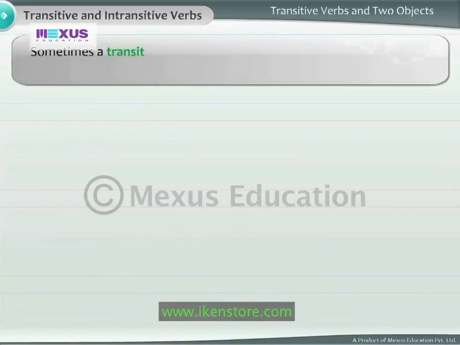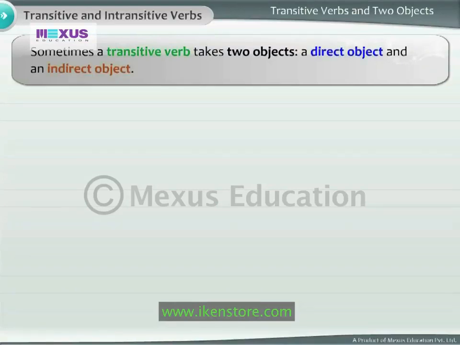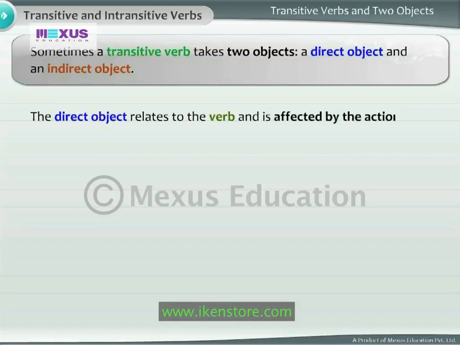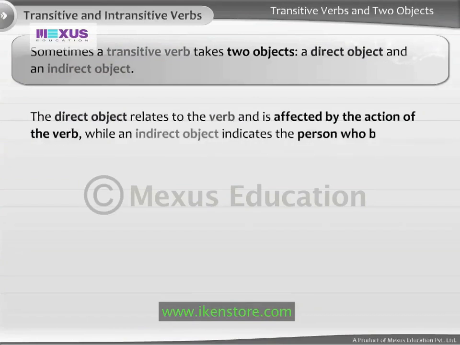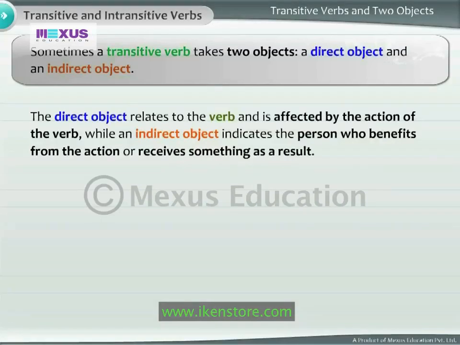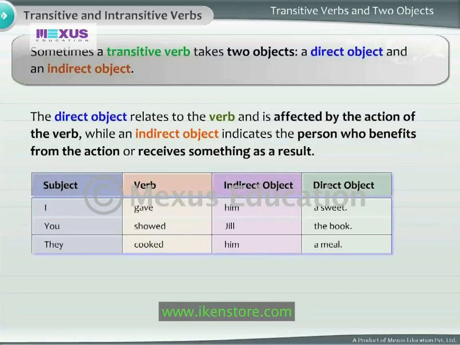Sometimes, a transitive verb takes two objects, a direct object and an indirect object. The direct object relates to the verb and is affected by the action of the verb, while an indirect object indicates the person who benefits from the action or receives something as a result. For example, I gave him a sweet.